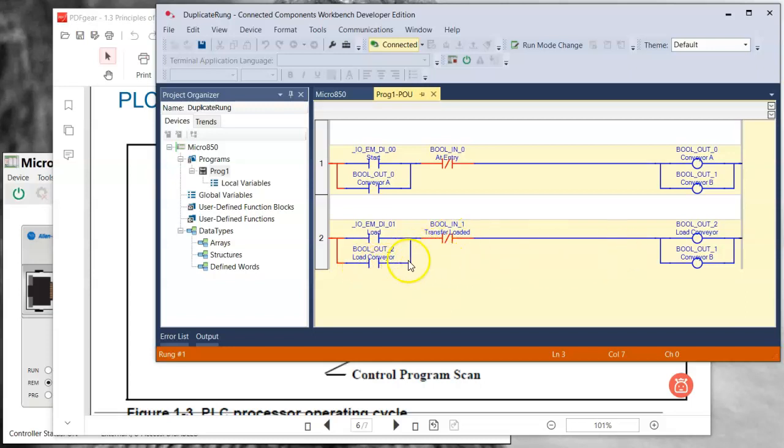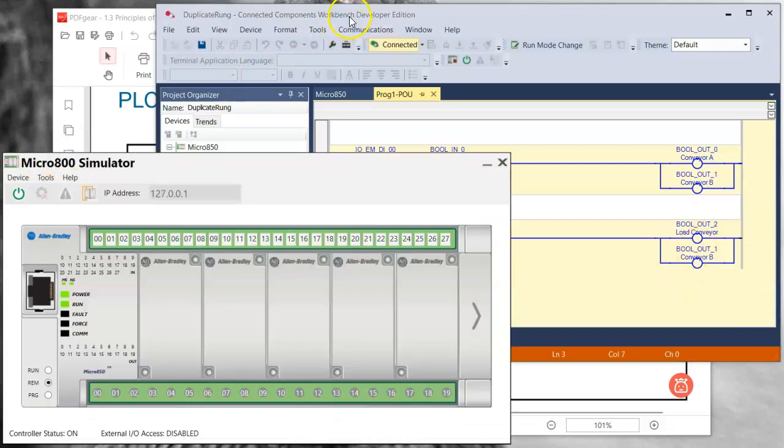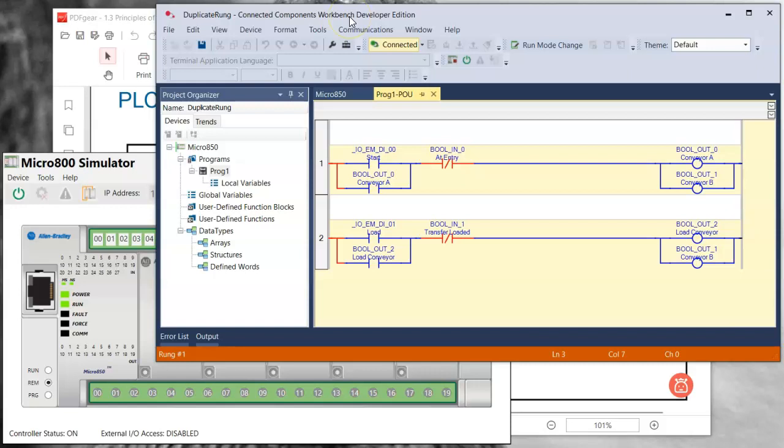And we would latch this in with the load conveyor motor. Again, I could have used the load conveyor or conveyor B here, but I chose the load conveyor for this example to latch it in, right? Because basically these two would turn on. So the problem we were experiencing last night was that at certain times conveyor B would not be energized, even though you would think that it would have been. And here's why.